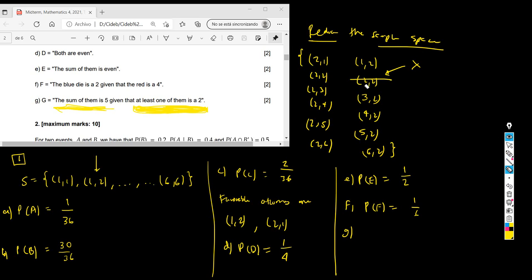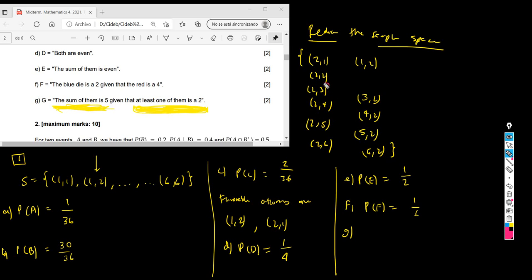Let me erase this, I don't want ambiguity. You know that one of these 11 has happened. Which one? You don't know. All you know is that one of these happened. Now, which of these 11 are the ones for which the sum is 5? Well, let's investigate.